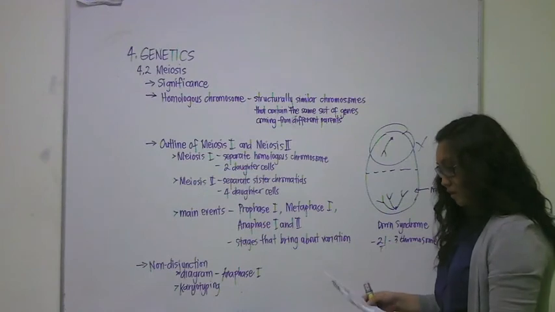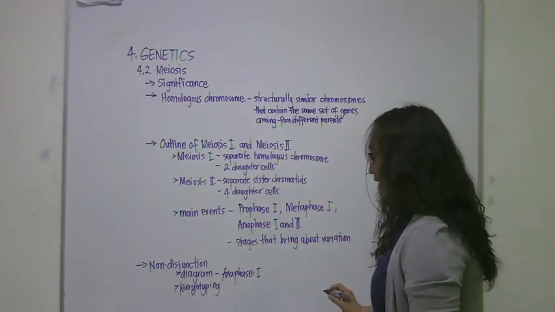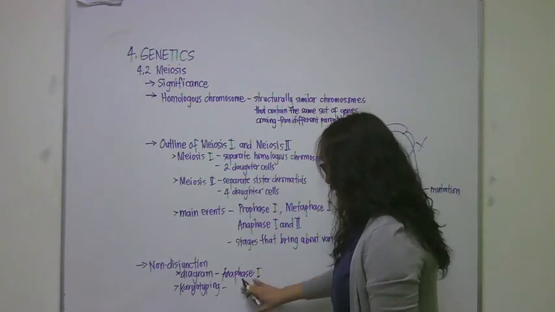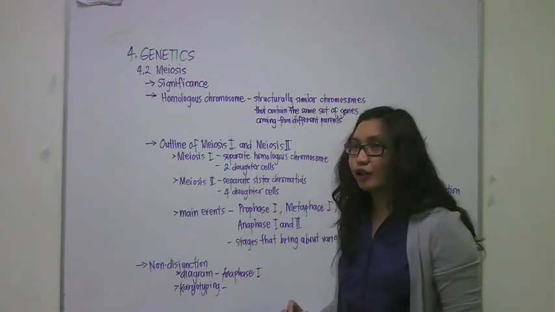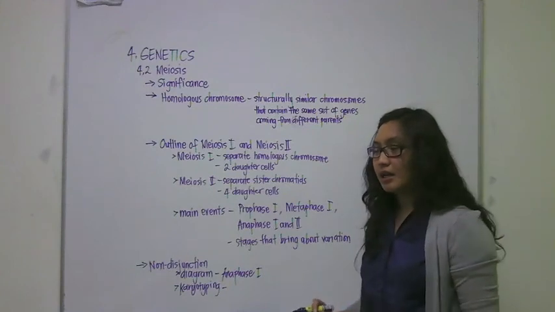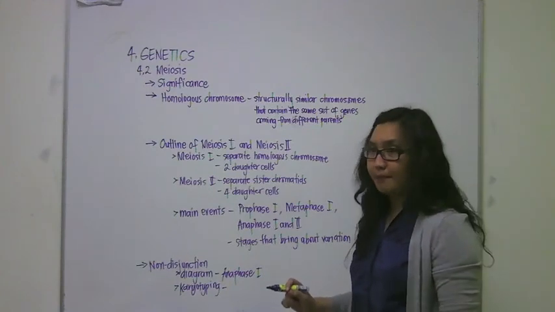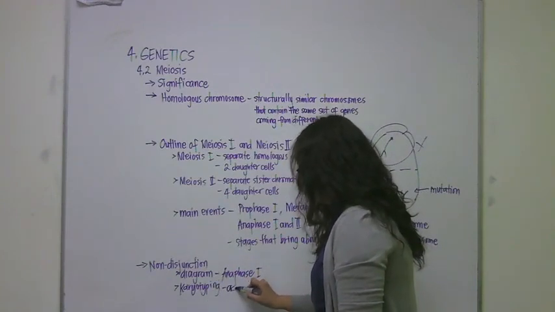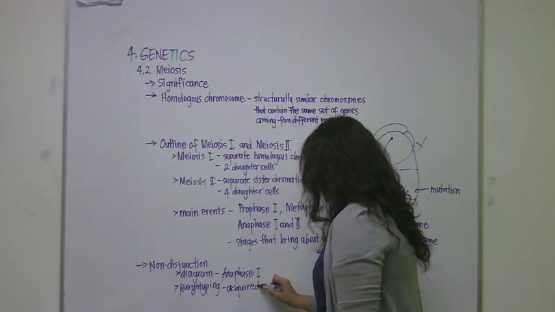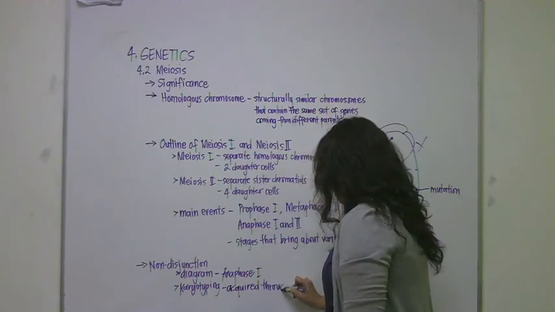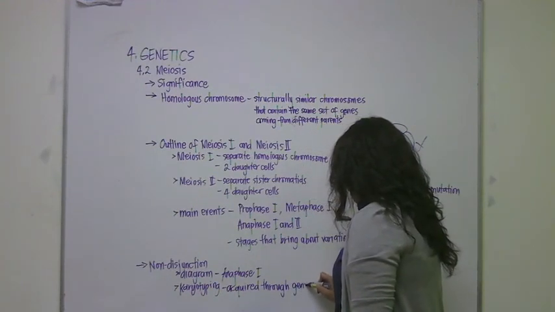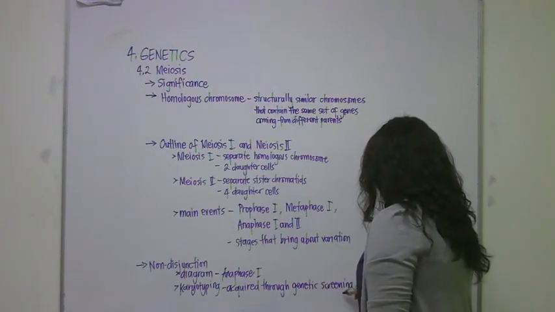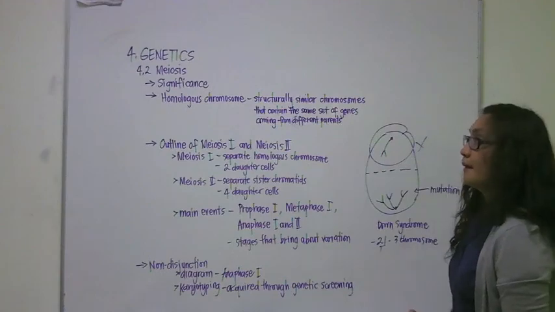Karyotyping can be acquired through some genetic screening processes, such as chorionic villus sampling and amniotic sac sampling. So that will be all for meiosis.